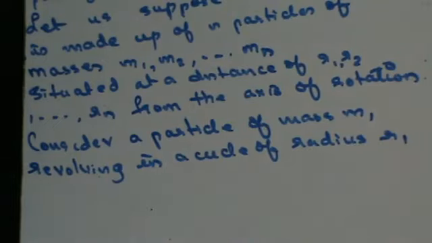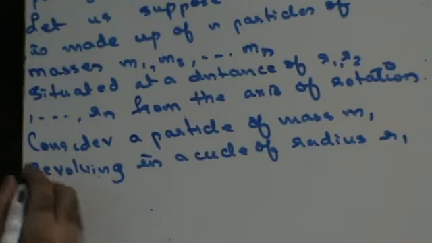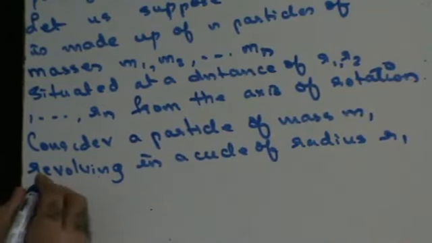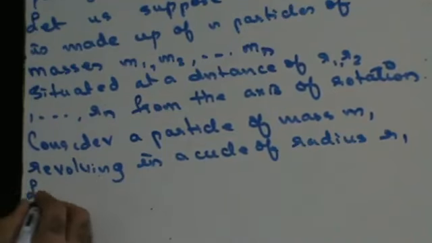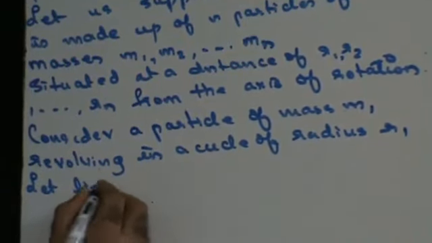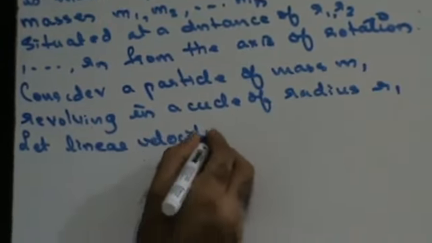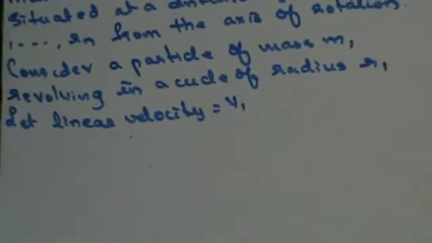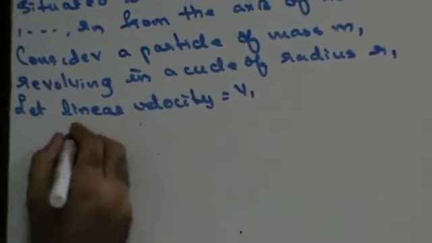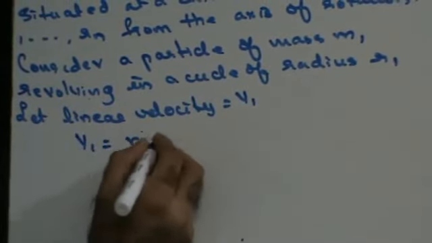Now let's assume that the linear velocity of the particle is v1. Now in that case I can therefore say that v1 is equal to r1 omega.